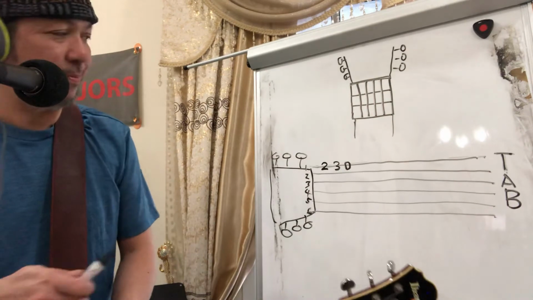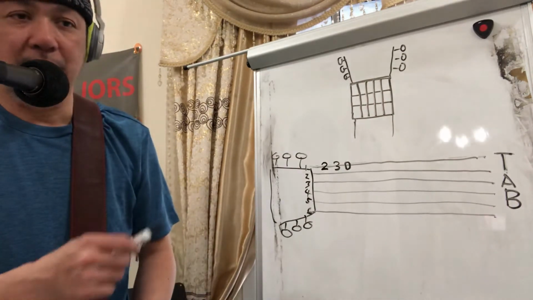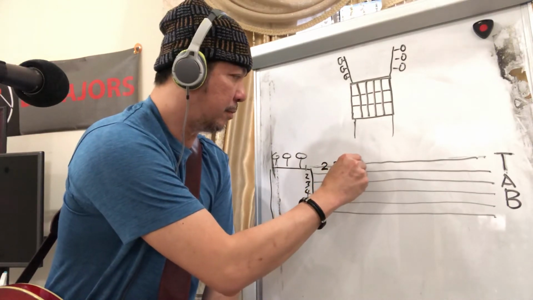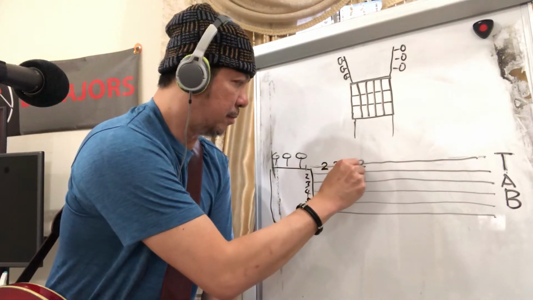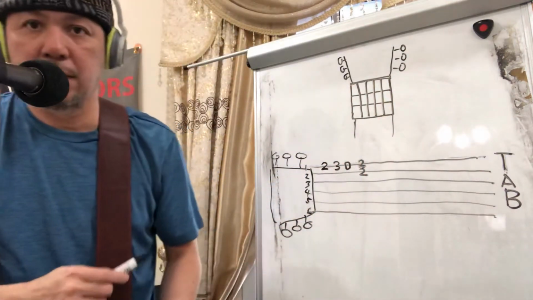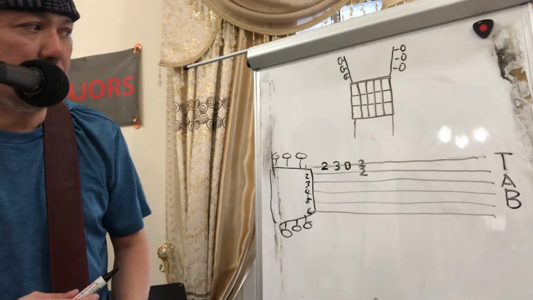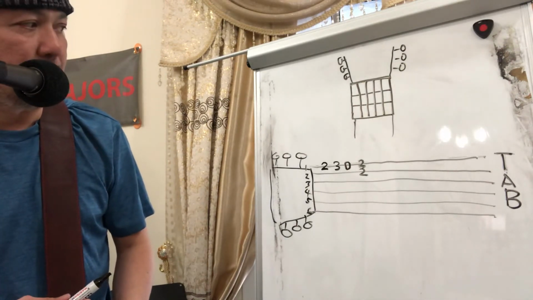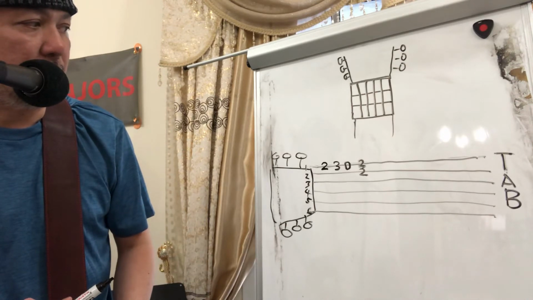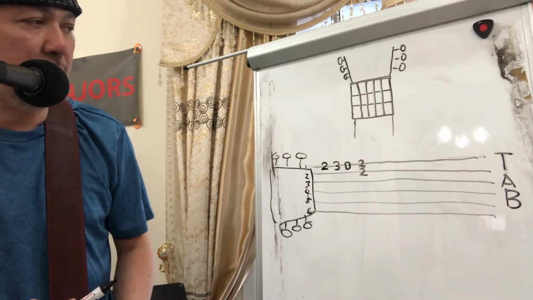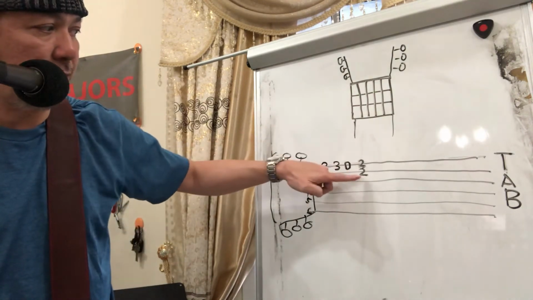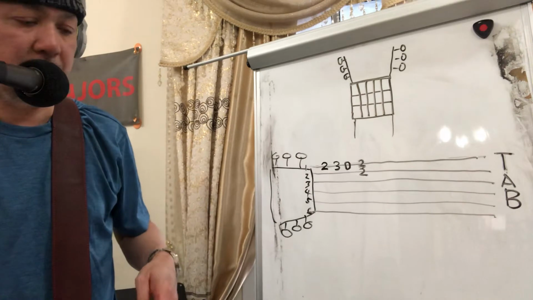Okay, let's proceed. Again, I'll put numbers. You see 2 numbers now, 2 and 2. One is on the first string and one is on the second string. So it means second fret of the first string and second fret of the second string.